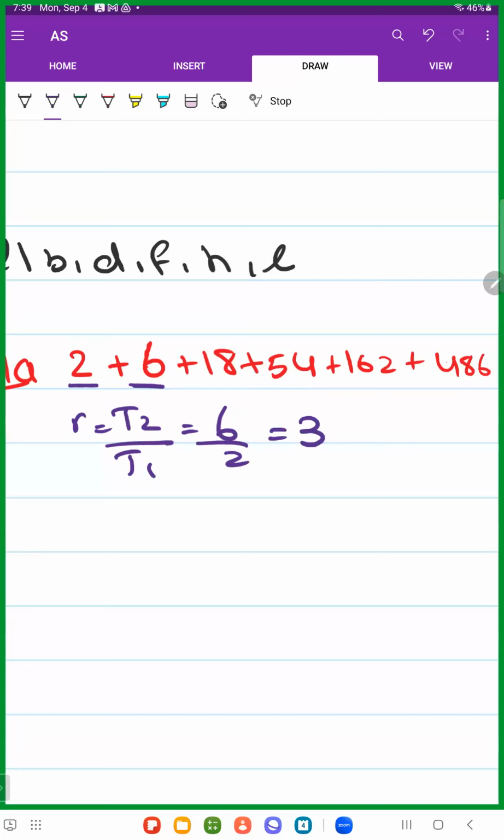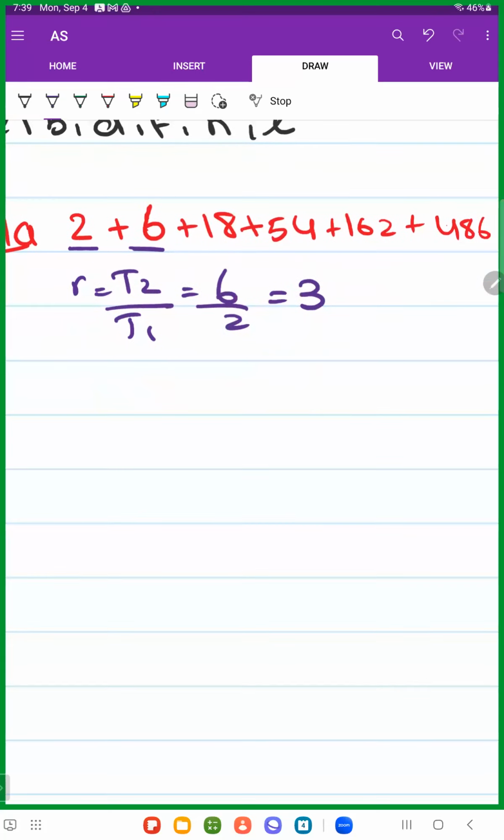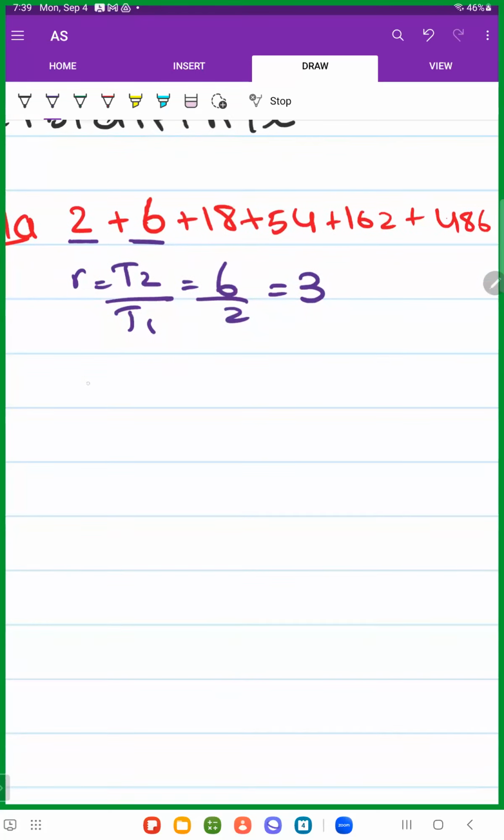Now I got 3 for this. If I check for every term, I will have to divide all of them and see if it's a constant ratio. So now I will divide T3 by T2. 18 by 6. Is it 3? Yes.